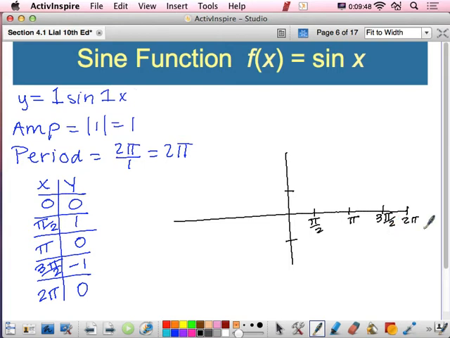Alrighty. Then all we do is put those 5 points on the graph. So 0, 0, pi over 2, 1, pi, 0, 3 pi over 2, -1, and 2 pi, 0. So those are our points, and then you connect them in a smooth wave shape.